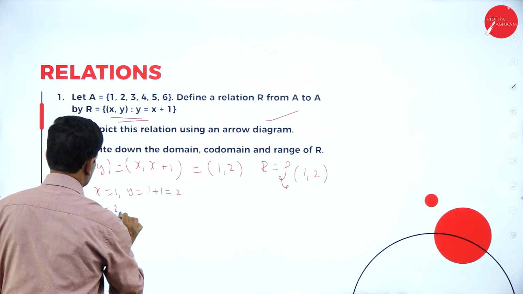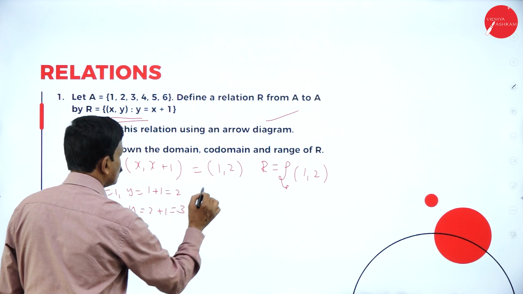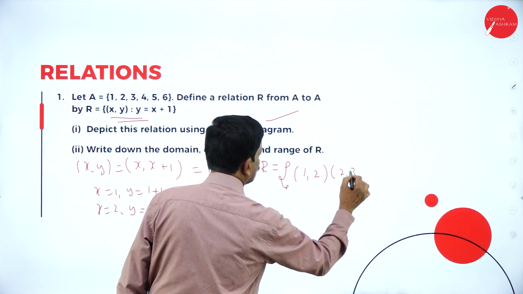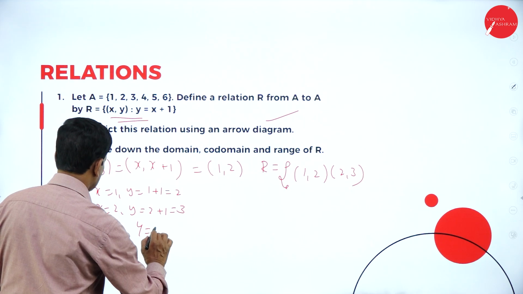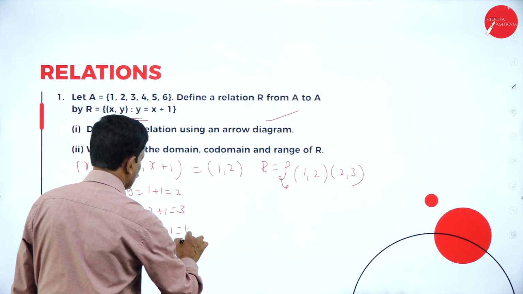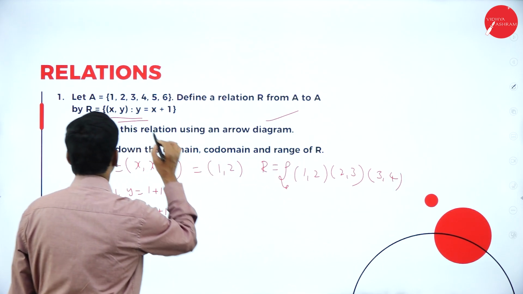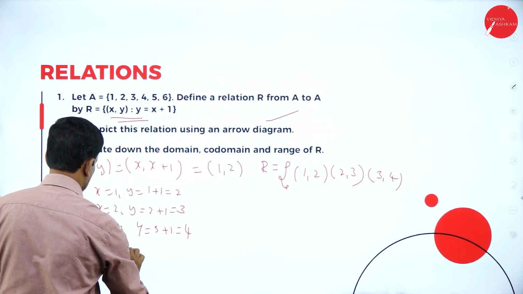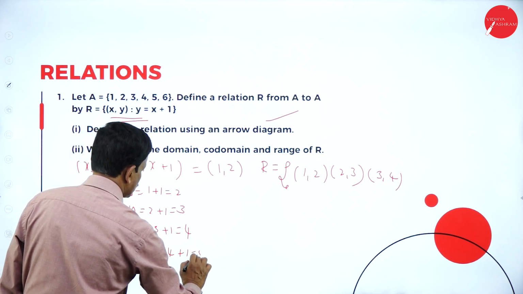When x is equal to 2, y is equal to 2 plus 1, that is equal to 3. (2, 3). When x is equal to 3, y is equal to 3 plus 1 is 4. So this is (3, 4). Next, when x is equal to 4, y is equal to 4 plus 1, this is equal to 5.